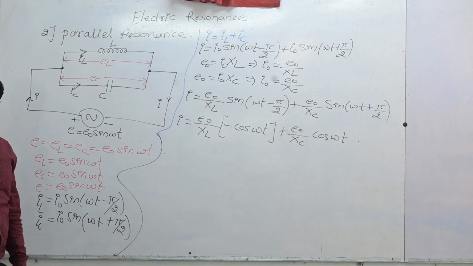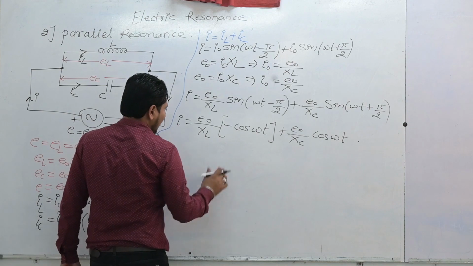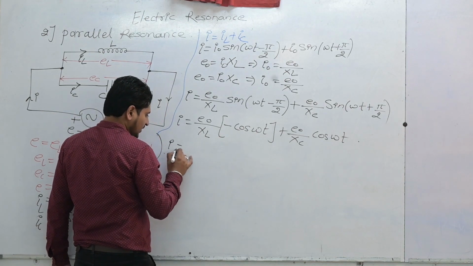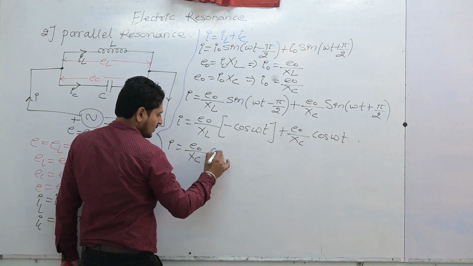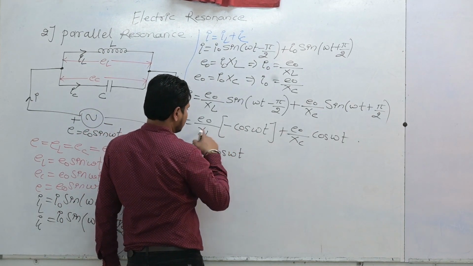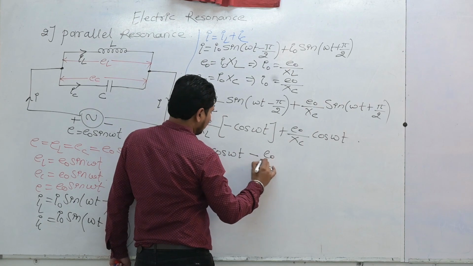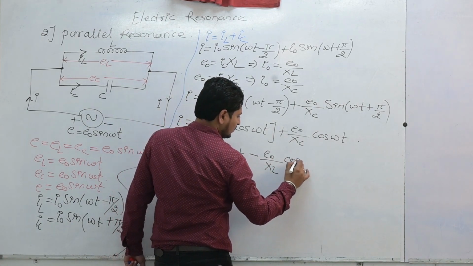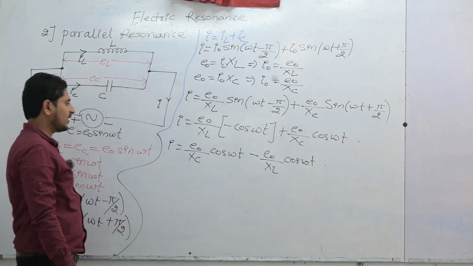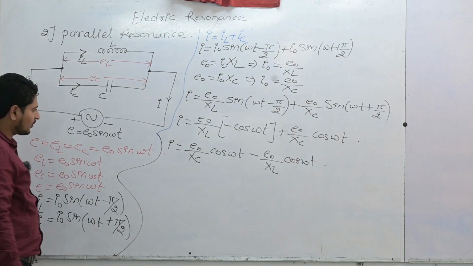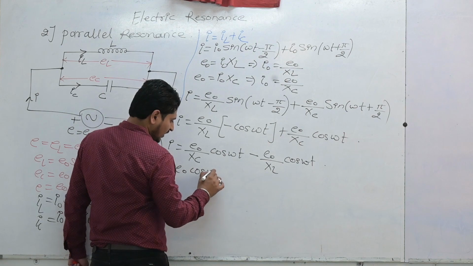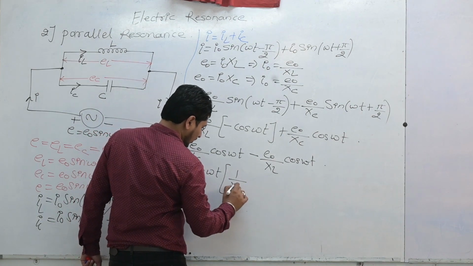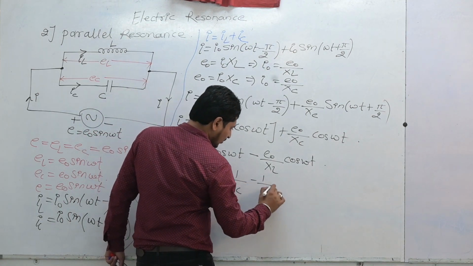So interchanging, this is E naught divided by XC cos omega t minus E naught divided by XL cos omega t. Taking E naught cos omega t common, I is equal to E naught cos omega t times 1 upon XC minus 1 upon XL.